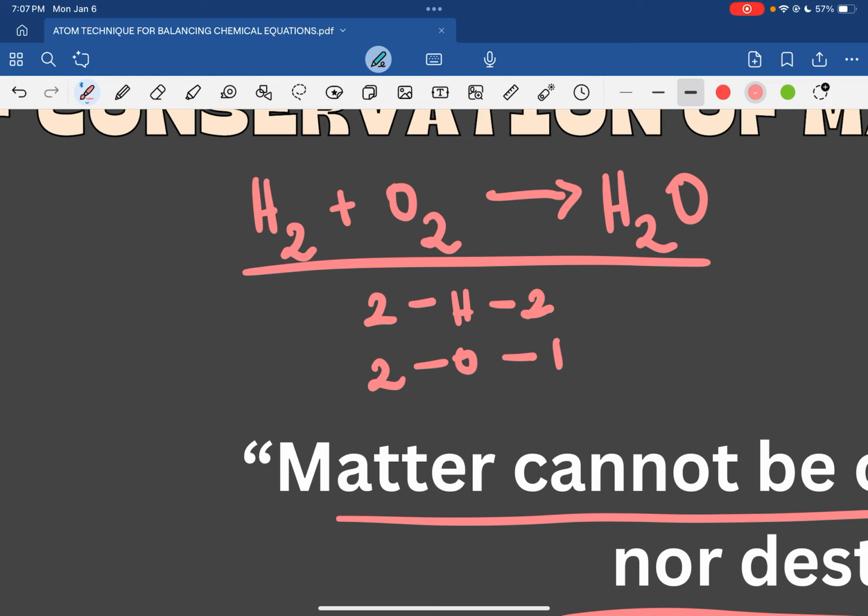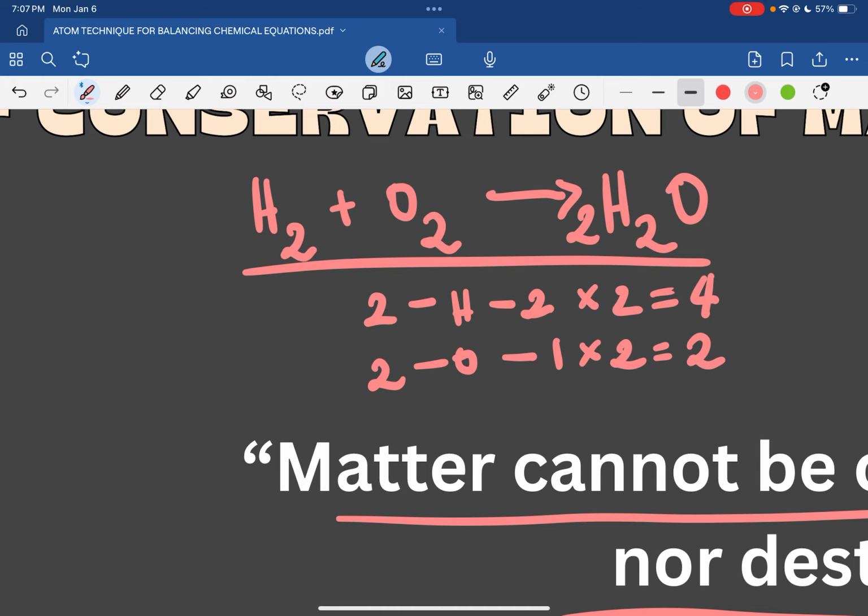What we are going to do is put a numerical coefficient before the substance in order to balance the equation. So we're going to put 2 in here. Then we're going to have 2 oxygen atoms and 4 hydrogen atoms.